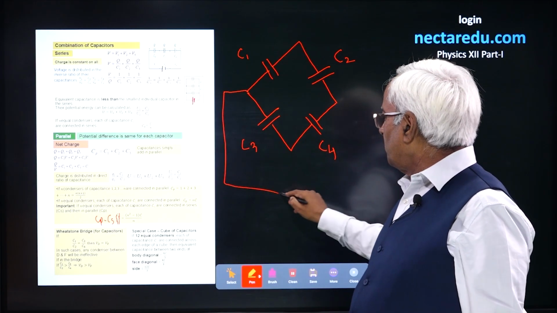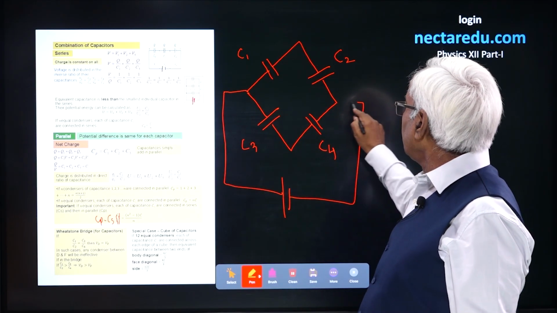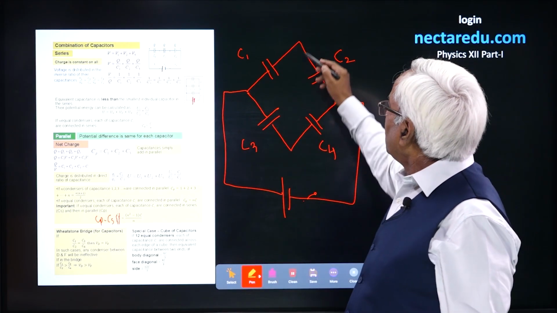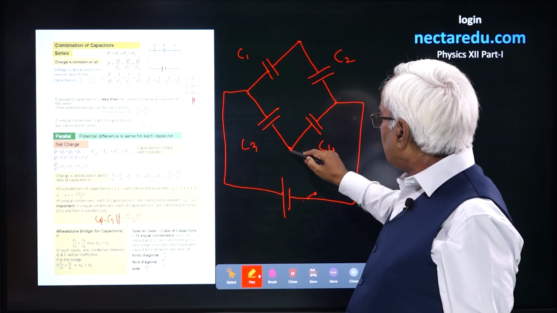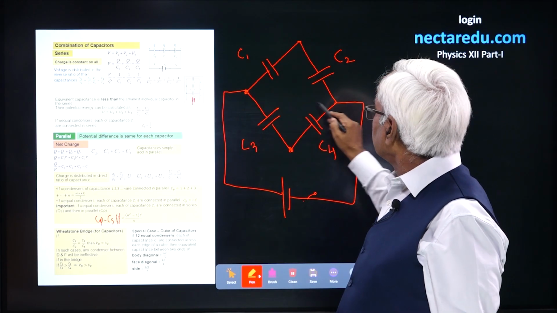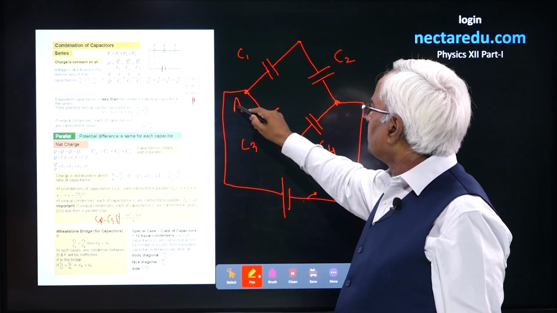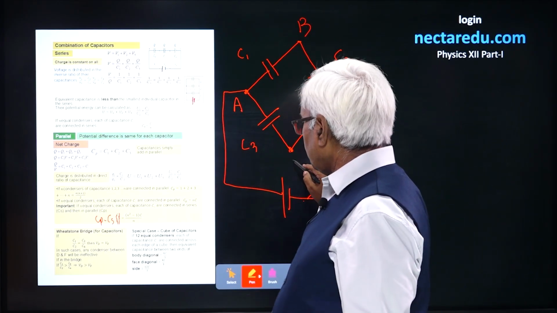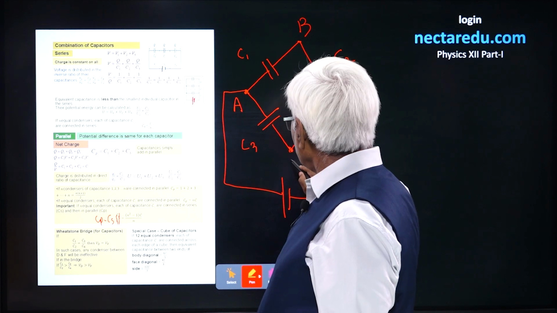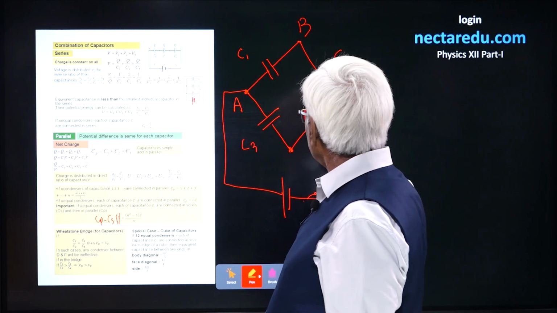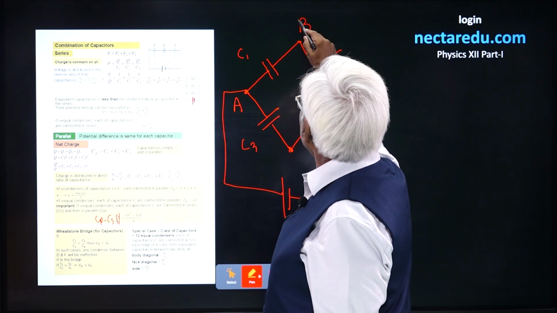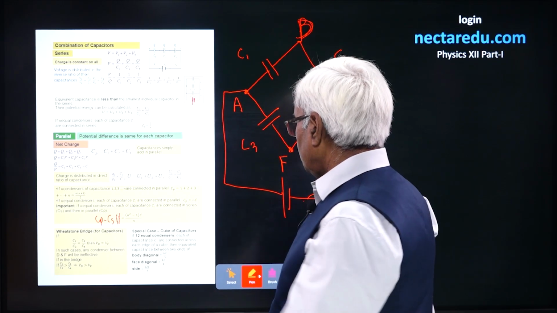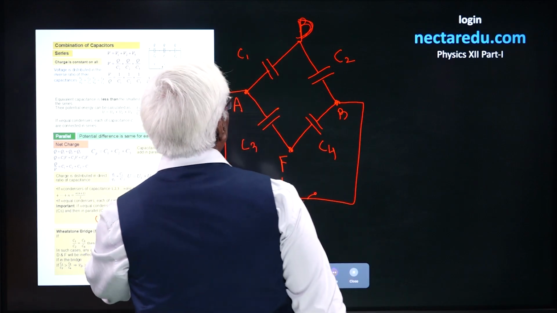Suppose you connect a cell along one diagonal. It might be some key also over here, and between the other diagonal you can use anything of your choice. See, A, B, D, and F, with the figure, VD and VF.